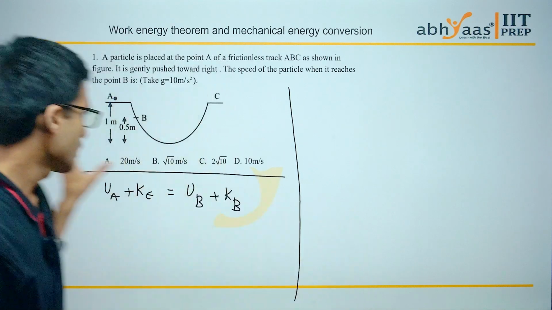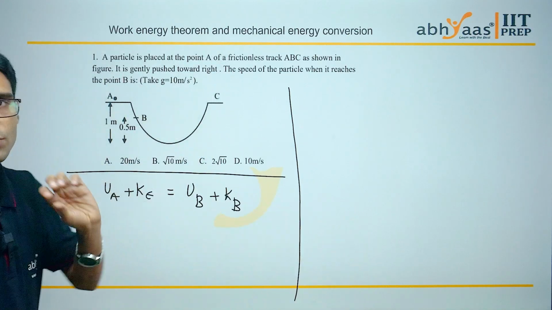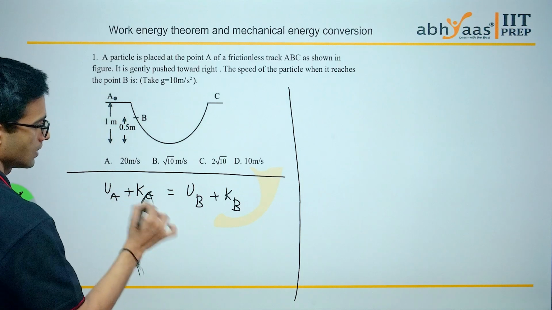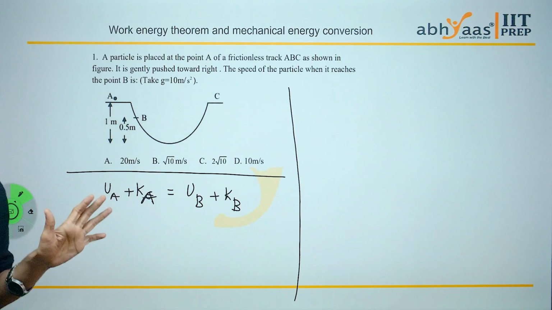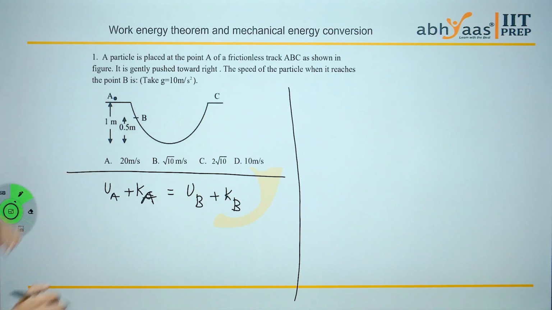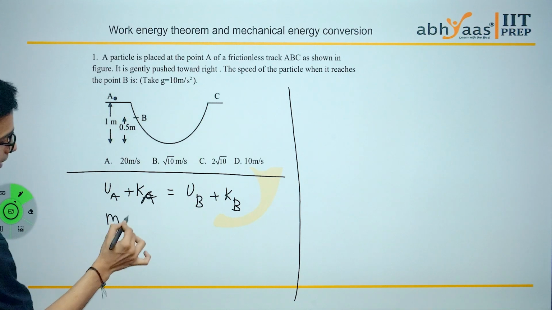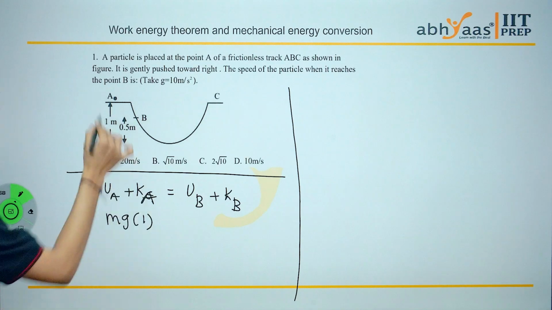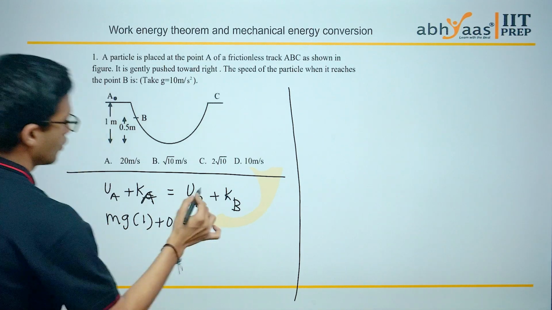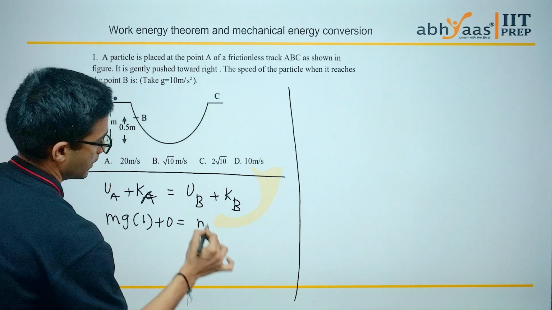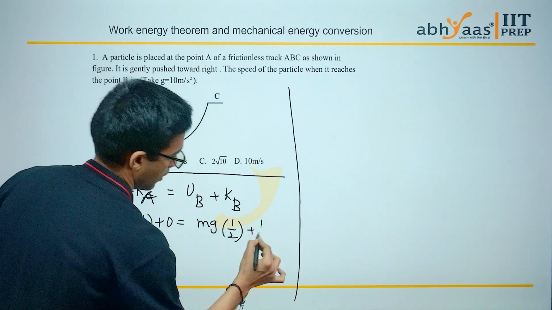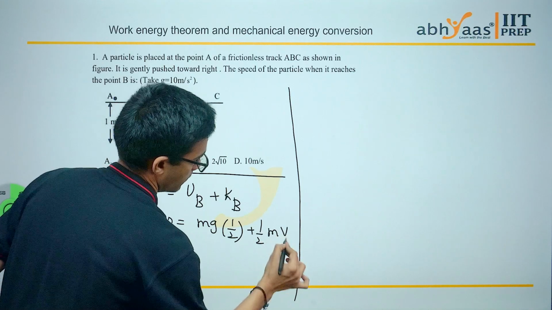At A there is no kinetic energy because the body is not moving, so it's only potential energy, that is mgh. Mg into height, how much? 1 meter, plus kinetic energy is 0. Here UB is mg into 1 by 2, I am writing directly, plus ½ mvB².